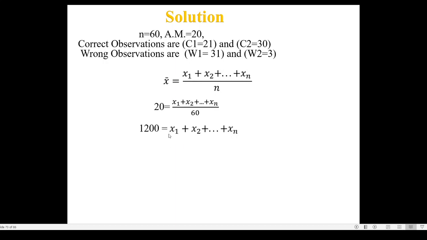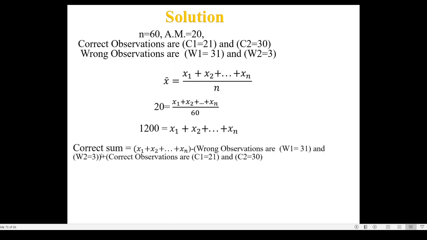For the correct sum, we subtract the wrong observations from this summation xi, and if we add the correct observations to this, we get the correct sum. Therefore, the correct sum is summation xi minus (31 plus 3) plus (21 plus 30).